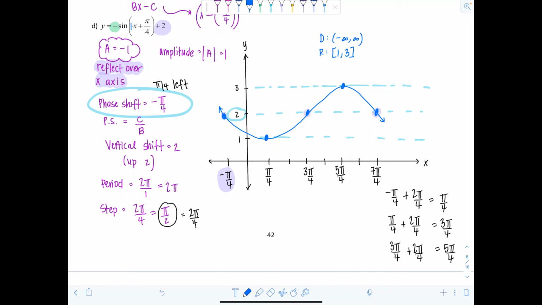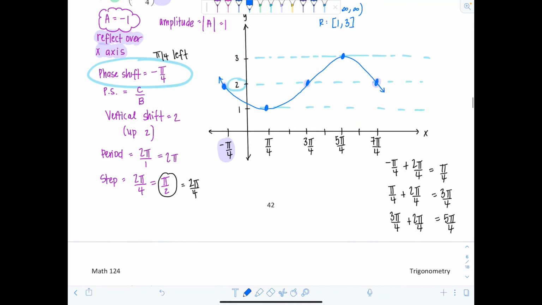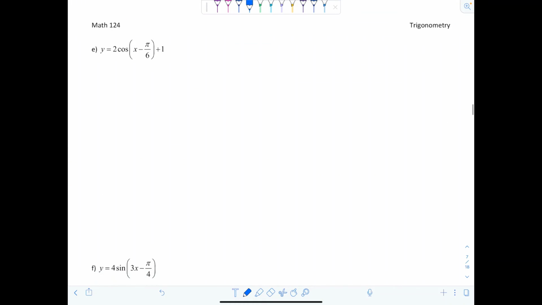All right, good. Let's look at a couple more. Obviously, it gets more complicated when you put all of these transformations in the same problem. So here we have y equals 2 times cosine of x minus pi over 6 plus 1. So amplitude is absolute value of a, which is 2. The period is still 2 pi because b is 1.